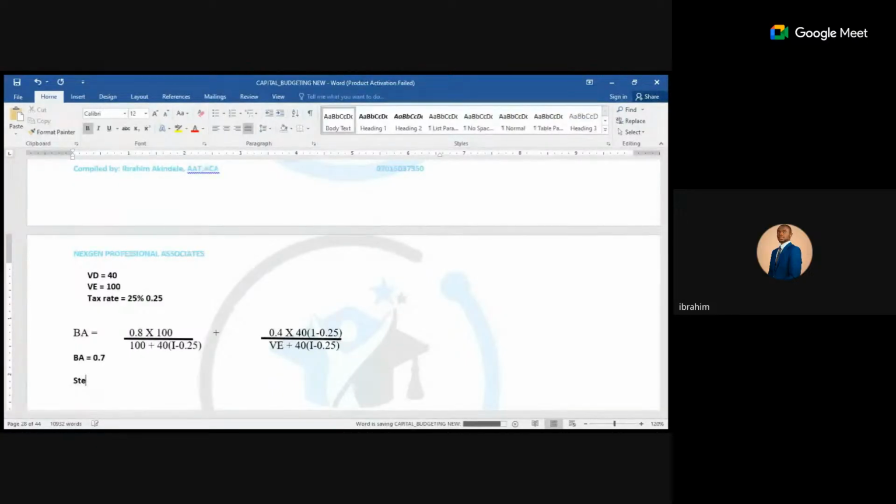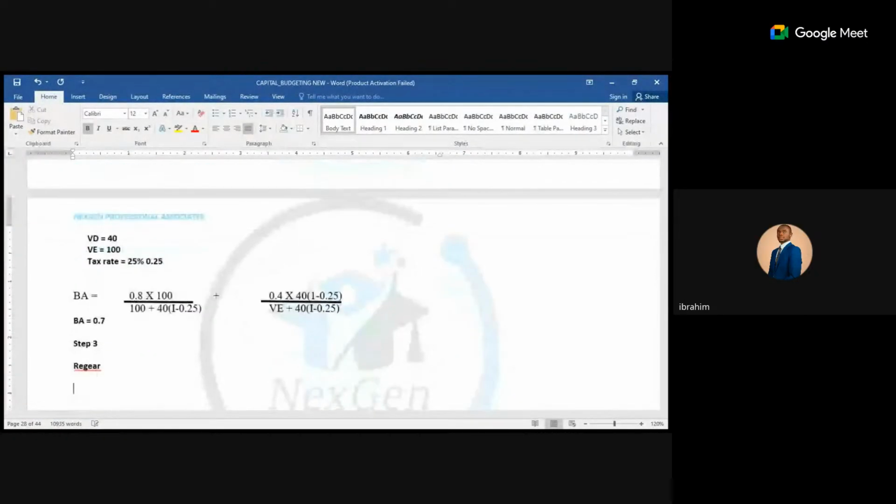Step 3, we have to regear, right? I'll just write it this way. Regear. So what is the formula? If you want to regear, I don't have that time. Let me just copy this.